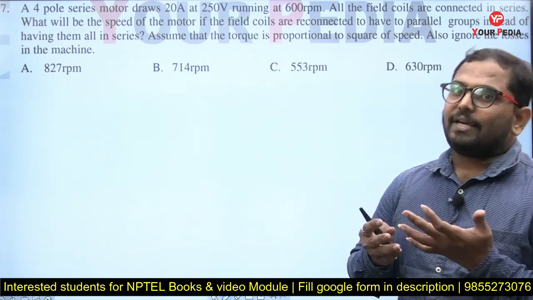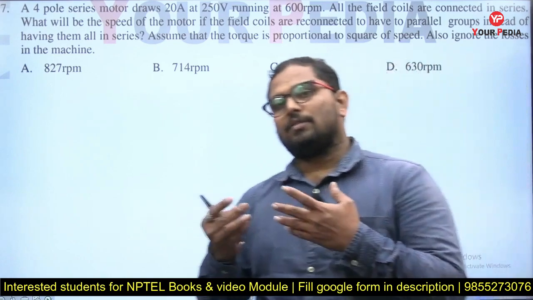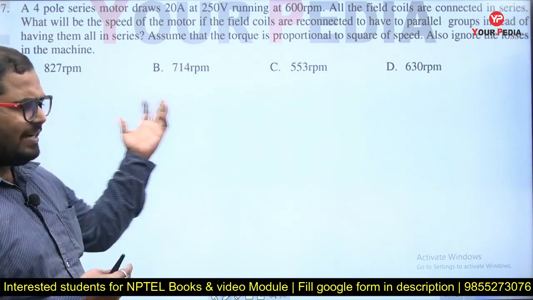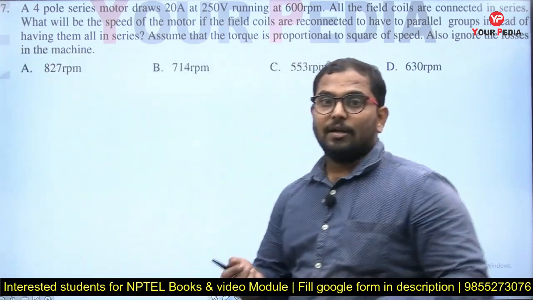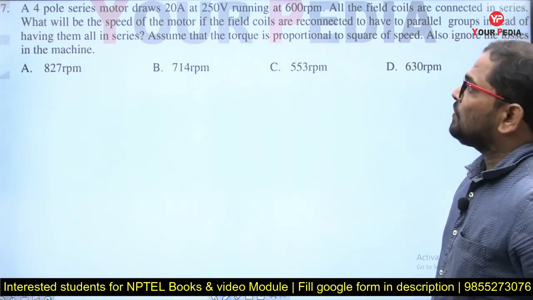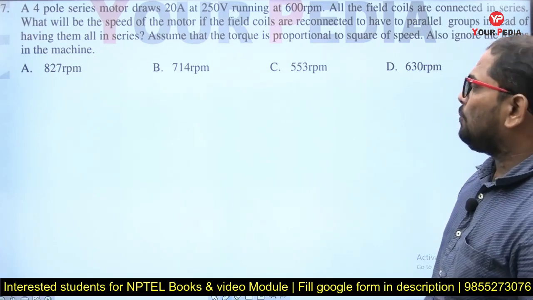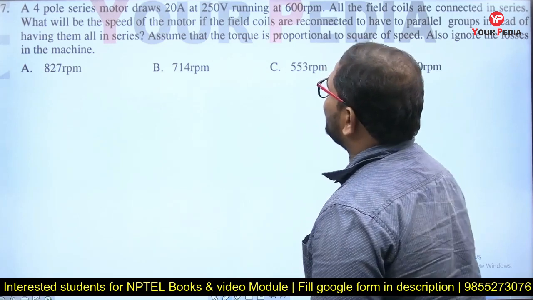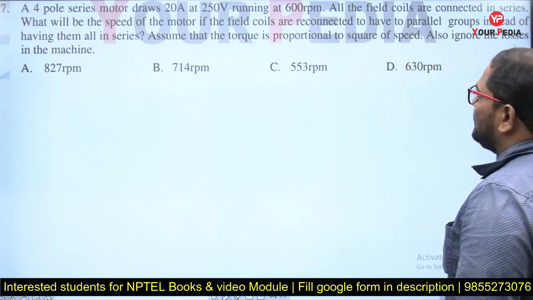First they connect the coils in series, then they shift the connection of coils to parallel. Let's read the question, then we'll understand how to solve these kinds of questions. A 4-pole series motor is given, drawing 20 amperes at 250 volts and running at 600 rpm.